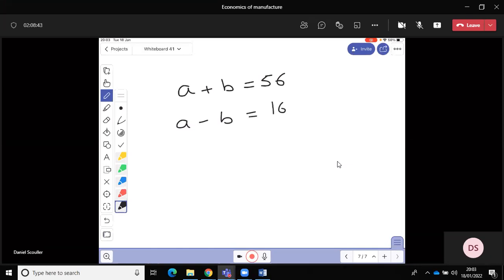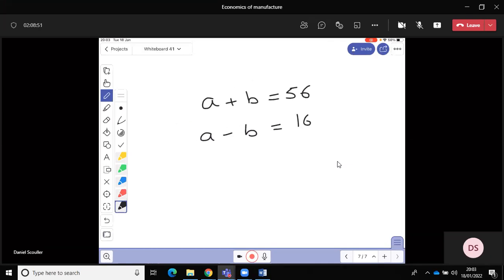Now we've got two equations. It's a simple case of working through that. We don't need to change anything or multiply by anything.